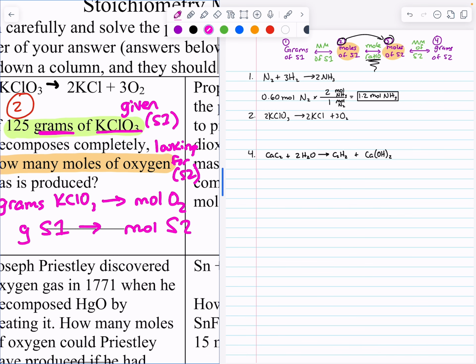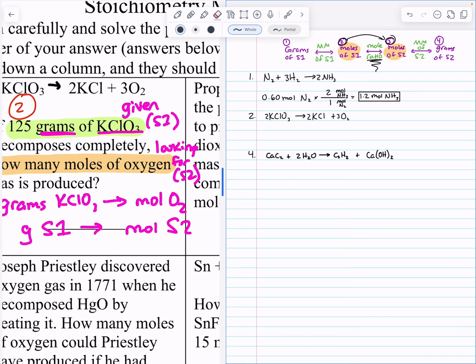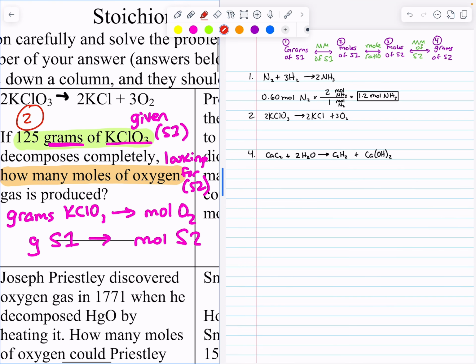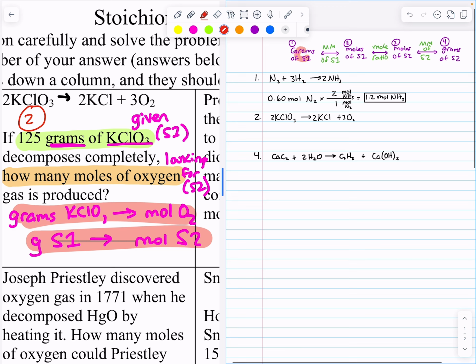And there's my setup. Let's go back to my map over here. Let me erase all of this. This is what I'm looking at right here. I'm at grams of substance 1, and I'm looking for moles of substance 2.